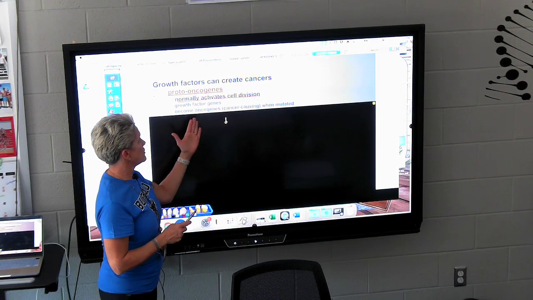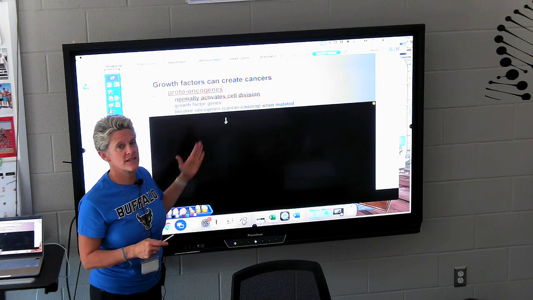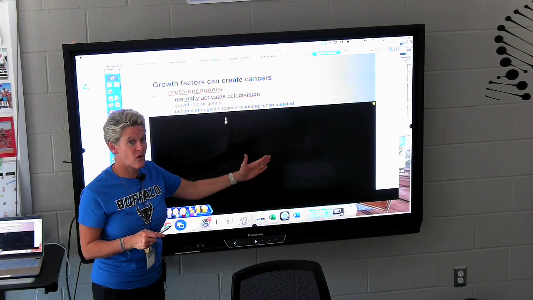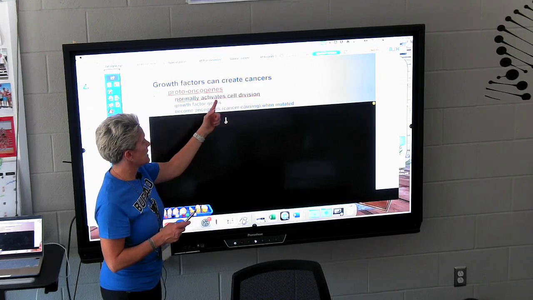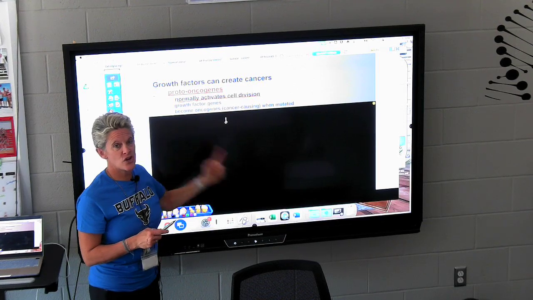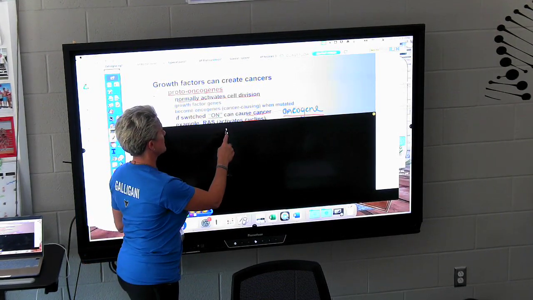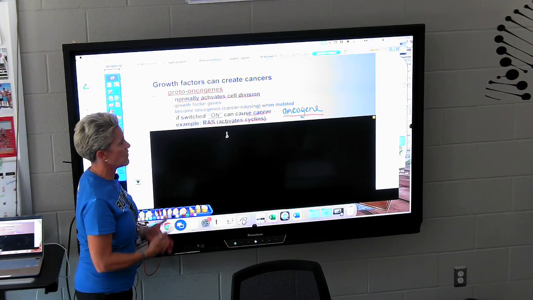And what that's going to do is, these are only activated when a cell needs to divide. But if they're permanently on, they're going to activate a cell to continue to divide. There's no turning them off. So these can become oncogenes if they are switched on.